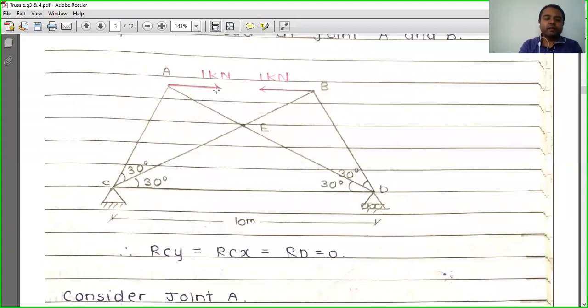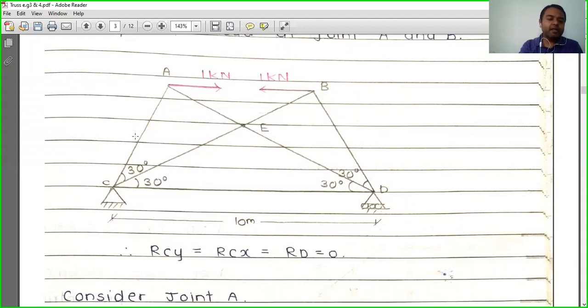Here we have applied a unit tensile force in this member, and we have not applied any force on any joint.